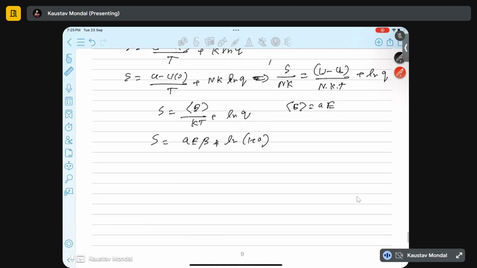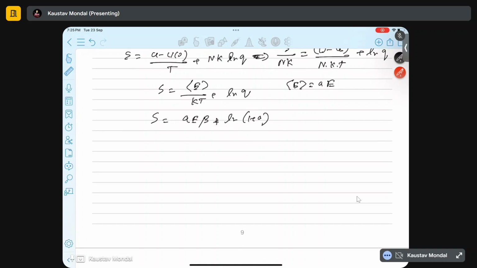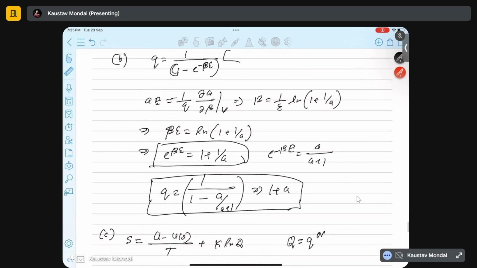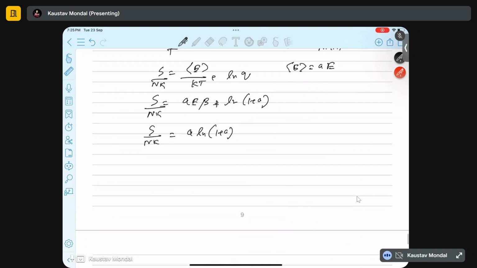So S by Nk is A e beta plus ln (1 plus A). We can write e beta as ln (1 plus 1 by A), and substitute that into the expression.